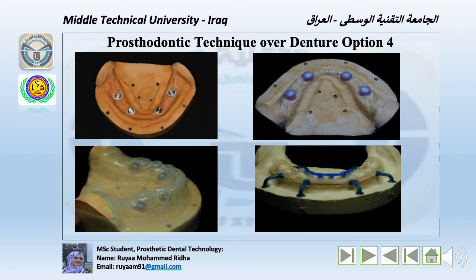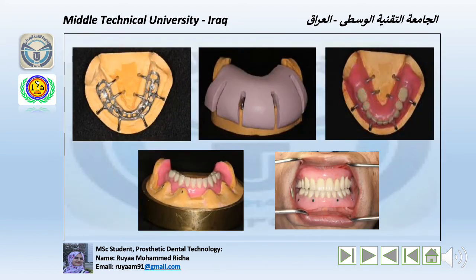Then the framework is waxed up on the relieved and blocked-out refractory cast. The pattern framework is waxed, invested, and cast, then finished and polished.